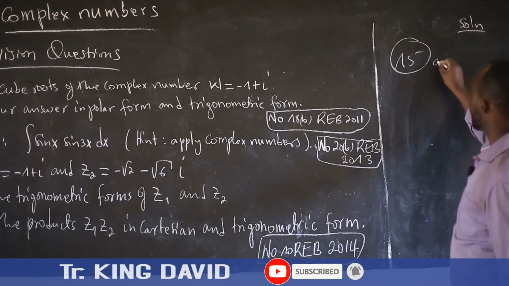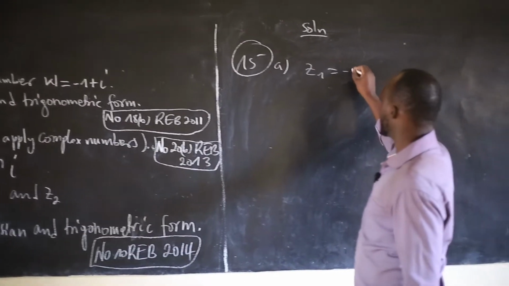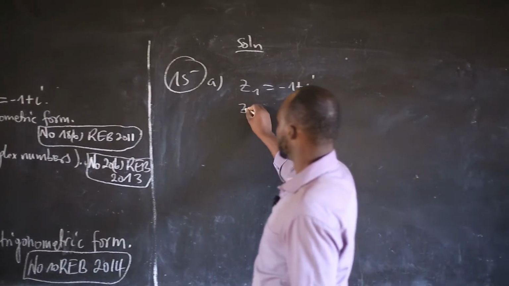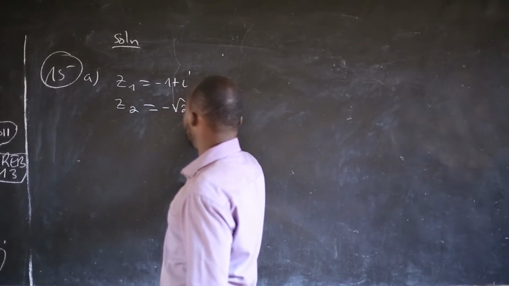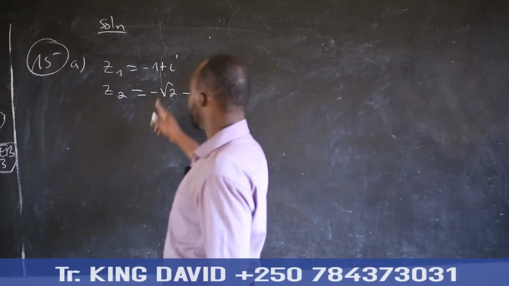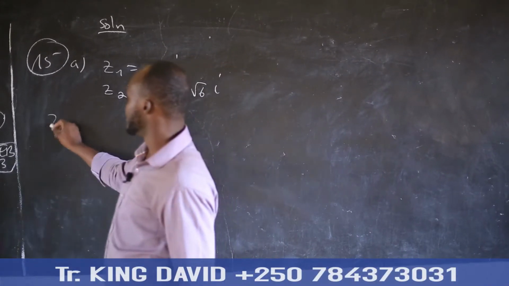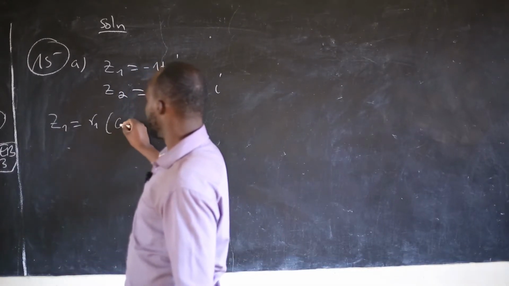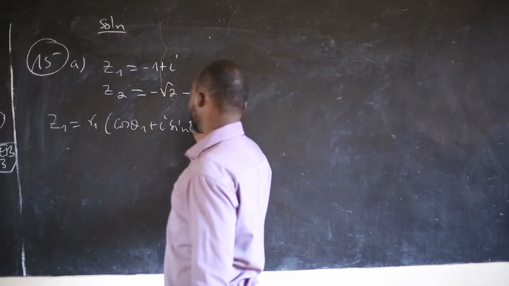So number 15a, we have z1 equal to negative 1 plus i, and z2 equal to negative root 2 minus root 6i. The question is to find trigonometric form of z1 and z2. Remember, for z1, its trigonometric form is r1 into bracket cos angle 1 plus i sin angle 1.